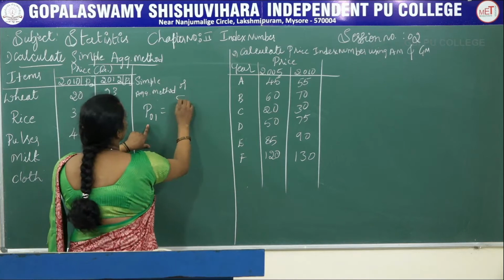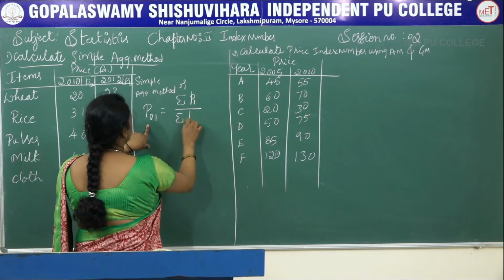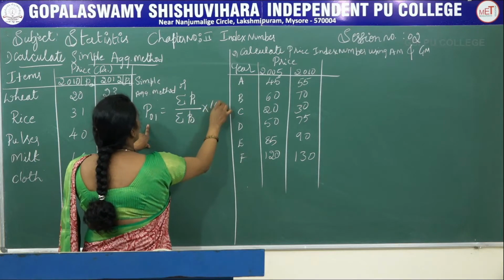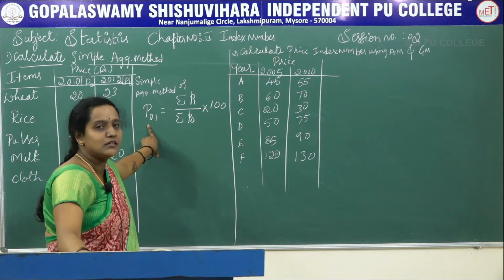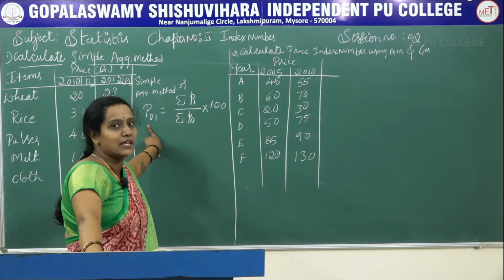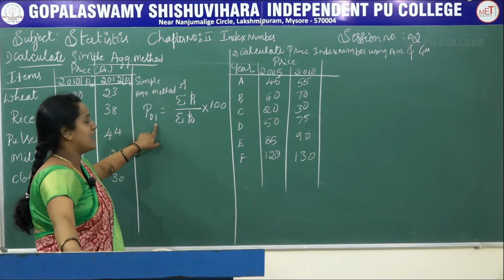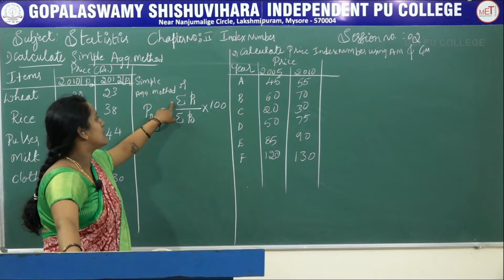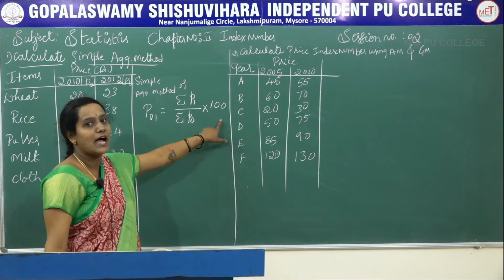This is summation of P1 divided by summation of P0 into 100. We know that index number is always expressed in percentages, and we will compare using percentages. So P01 price relative is summation of P1 divided by summation of P0 into 100.